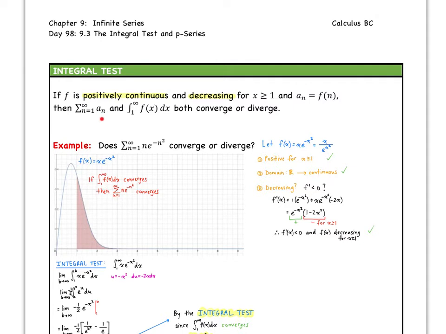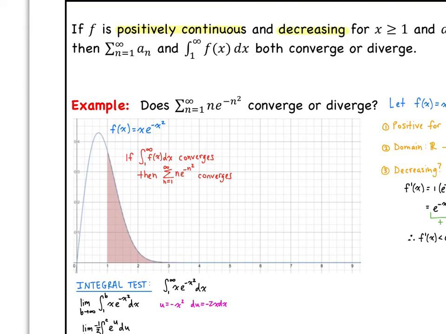So what we're going to do is take this series, look at the sequence, and integrate that sequence. For instance, in our example, the series from n equals 1 to infinity of n times e to the negative n squared, does it converge or diverge? We're going to let f of x equal our sequence, replacing n with x.